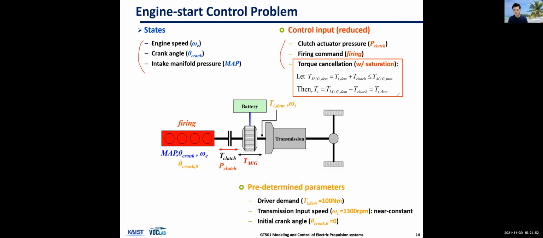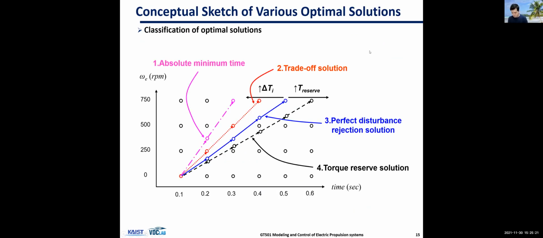So if you want to apply DP to solve this optimal control problem, you need to somehow reduce the number of states and control variables, right? Do we absolutely have to keep these state variables and control variables? Well, let's talk about that soon.